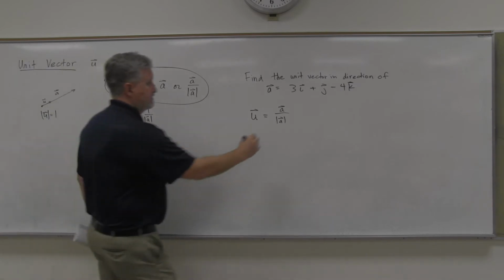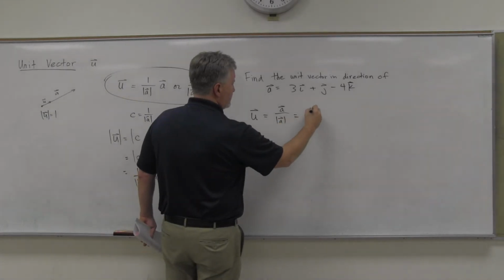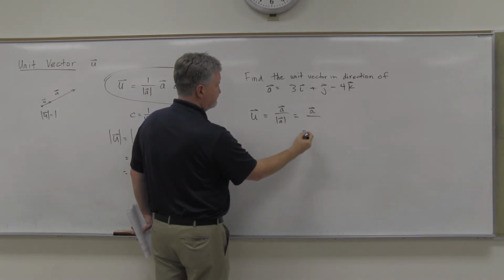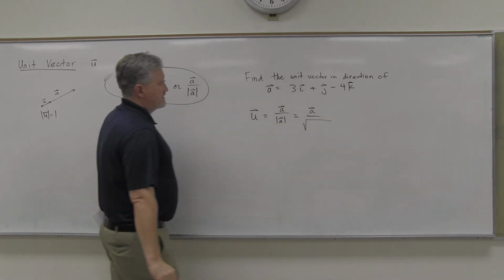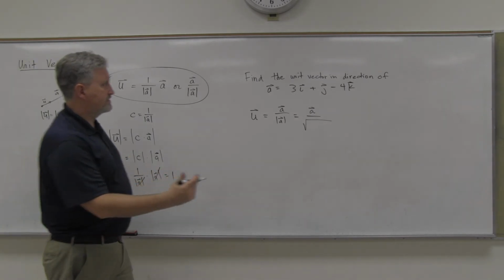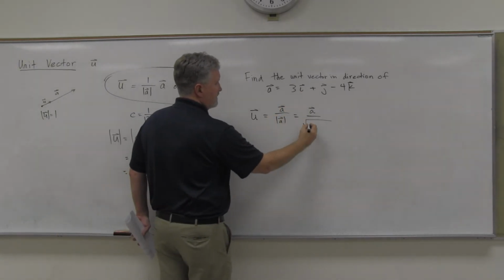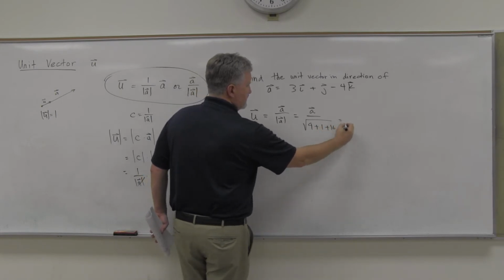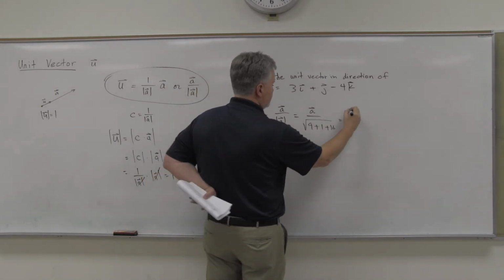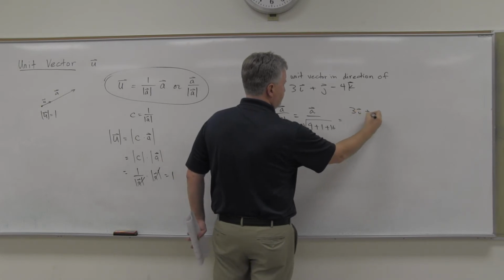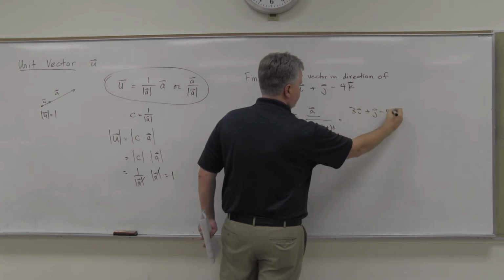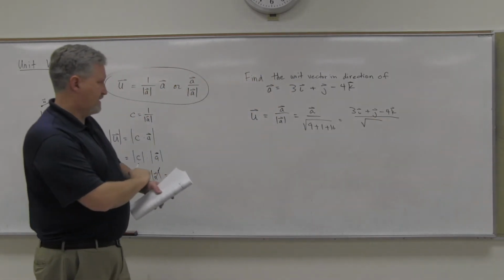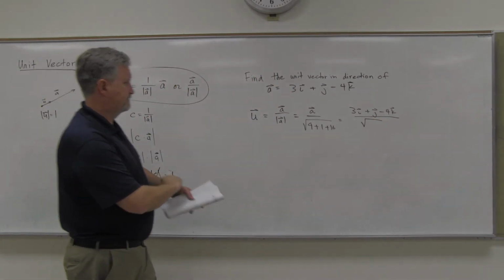So what would that be? It'd be A divided by, what's the magnitude here? Just do the square root of the sum of the squares. So it'd be 9 plus 1 plus 16. We're going to take A and divide by, is that 26? Square root of 26?